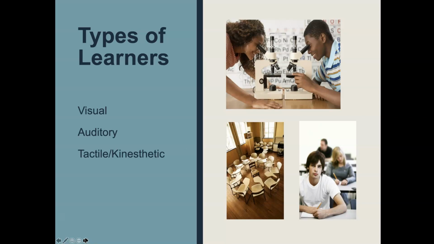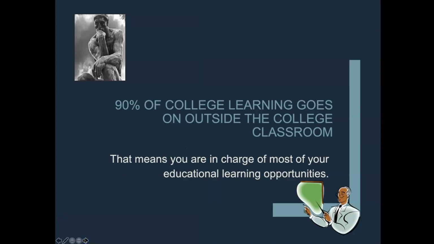Kinesthetic learners are people who need to move in order to learn. So we're going to talk a lot about how movement can help you learn something. And you've probably been doing some of these things already to help yourself if you are a tactile or a kinesthetic learner.